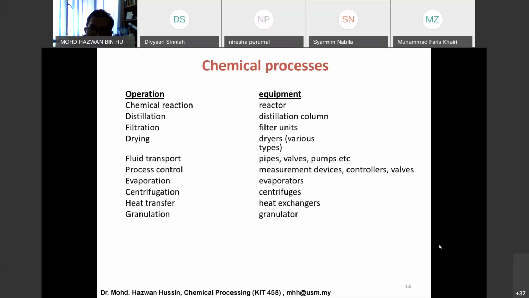So the equipment and the operations that normally you will see in chemical processes. If you want to do a chemical reaction, what you need is a reactor. If you want to do distillation, of course, you will need a distillation column. Those who don't know what distillation means, distillation is more or less a fractionation process.